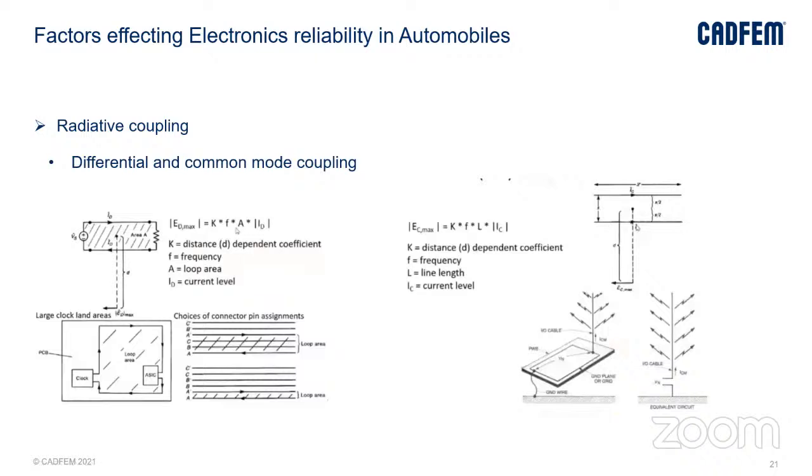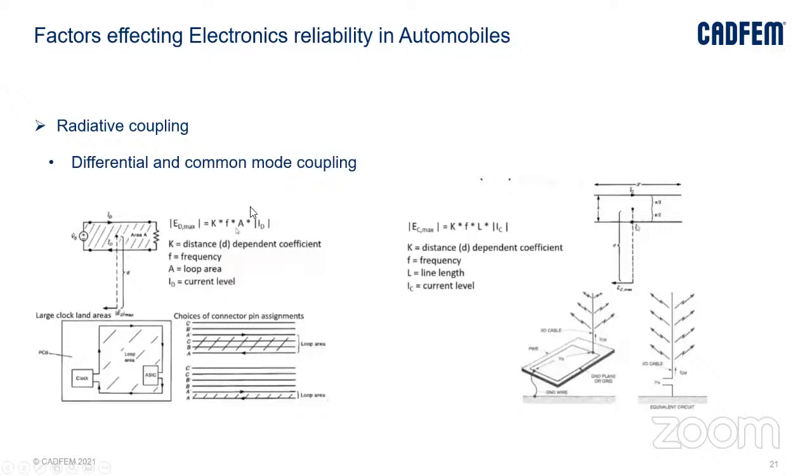But they don't exactly cancel, because the distance from this wire to the observation point and from that wire to the observation point is different. So the fields can be reduced, but this field also has an impact on the reliability of any electronics.